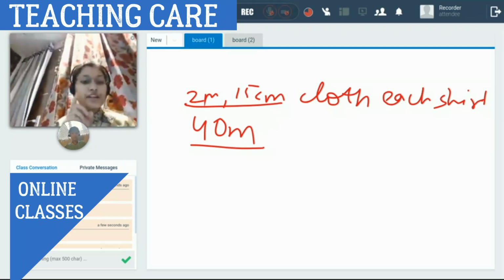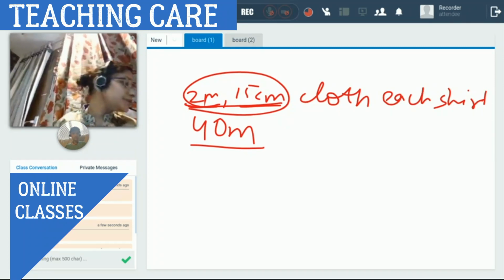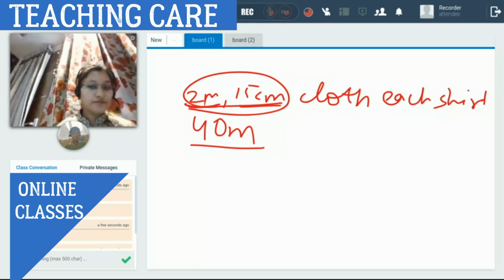First thing in this type of question, it is 2 meter 15 centimeter. So either convert the complete thing into meters or the complete thing into centimeters.